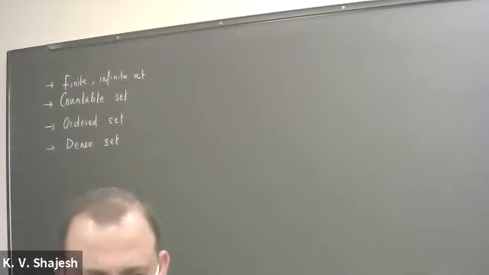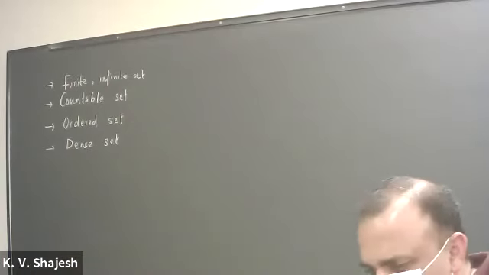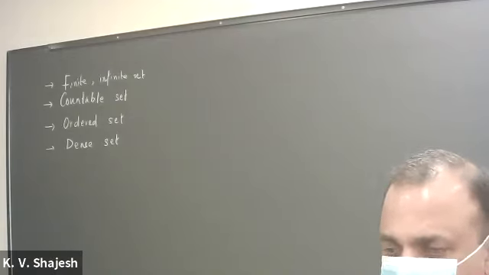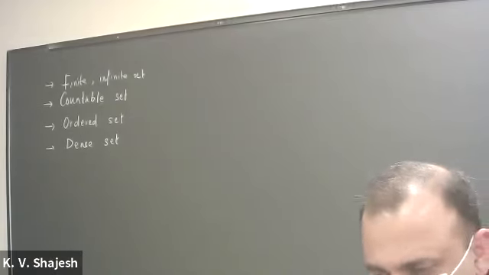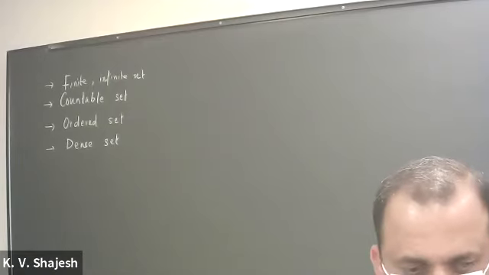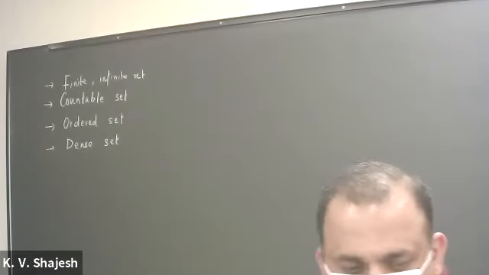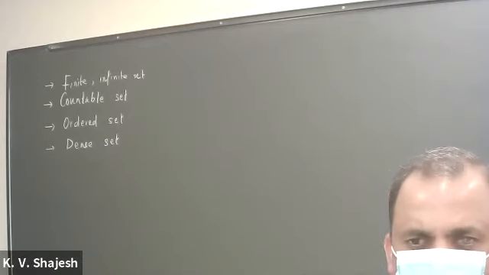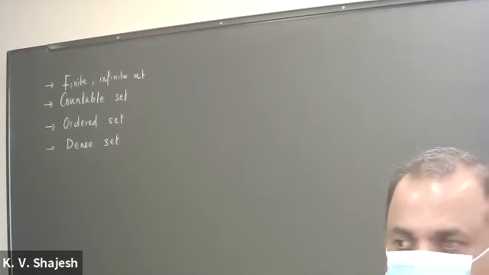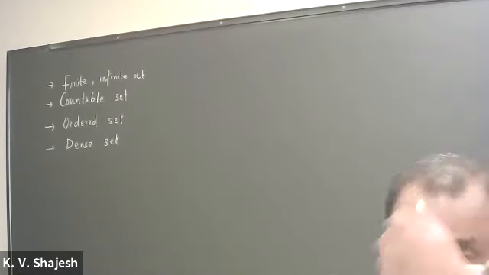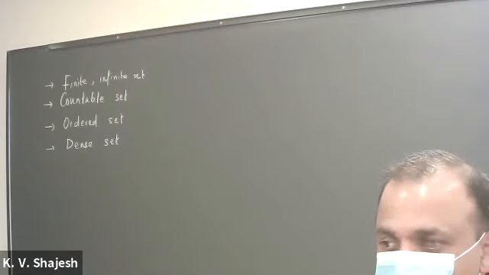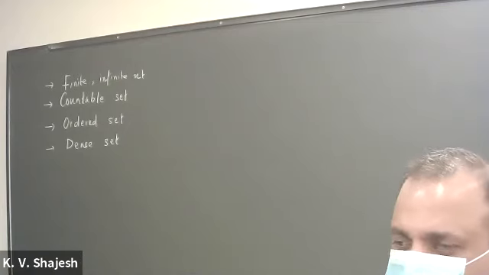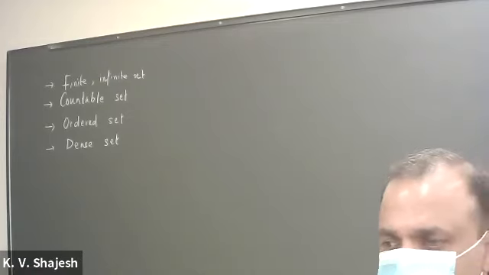There's a distinction between them, and finite versus infinite is very easy. Something that has infinite numbers is an infinite set, and something that has finite, like 6 people in the set, that's okay. Countable now, if it is finite, it is very reasonable. If it is finite, by definition, it is countable. But now if it is infinite, then we have to distinguish between them.